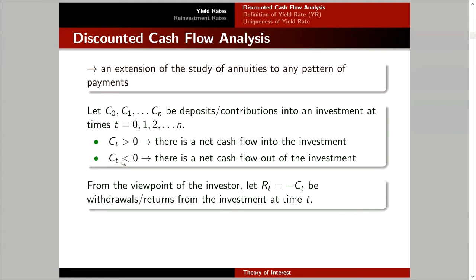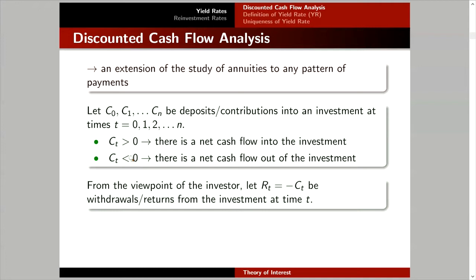kapag negative ang C sub t. Ibig sabihin, may lumabas na pera sa investment. So, kaya may lumabas na pera sa investment fund because nag-withdraw itong si investor. So, kapag nag-withdraw si investor, so negative yan kay investment fund kasi nabawasan yung pera.